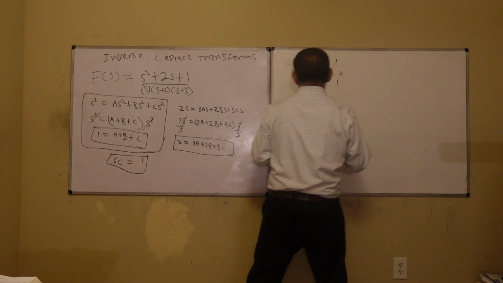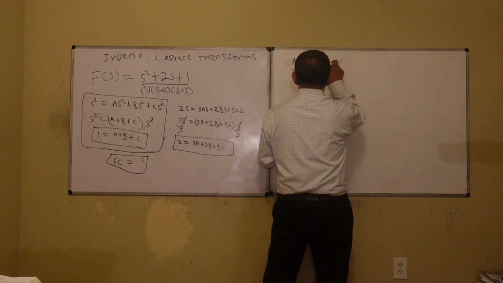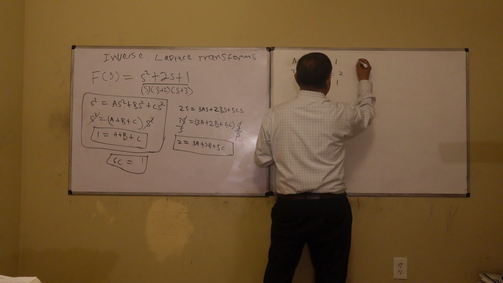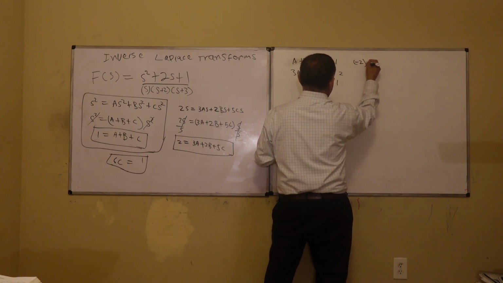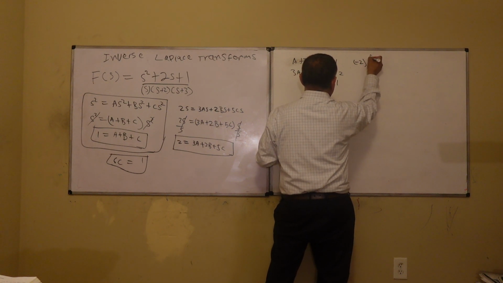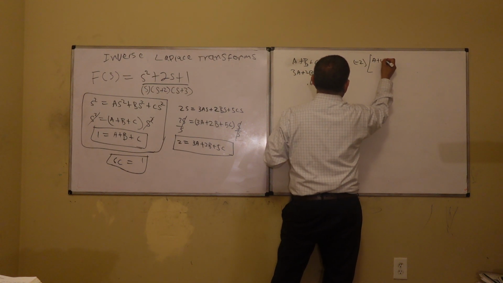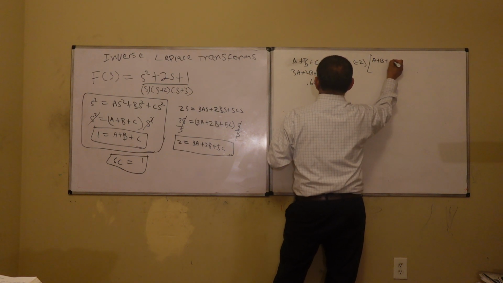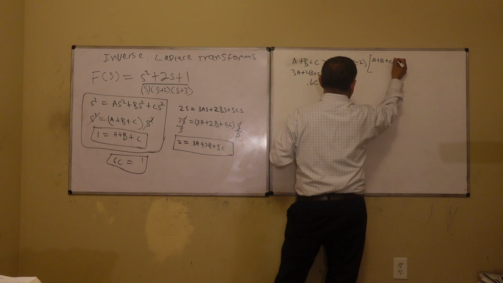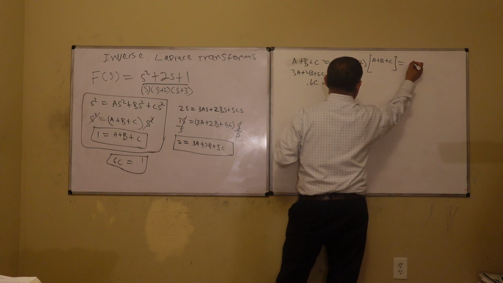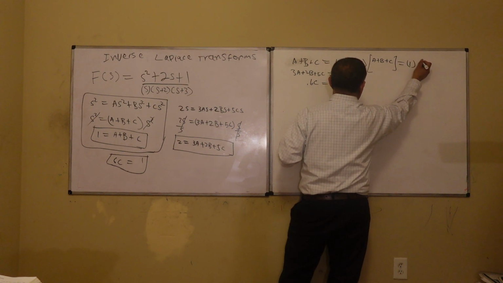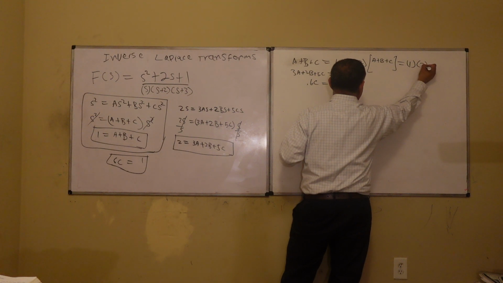Let me multiply these equations by negative 2: a plus b plus c is equal to 1, and that one also gets multiplied by negative 2.